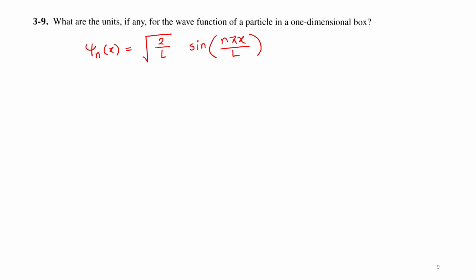Yes, sir, this is centimeter inverse. Not inverse, there is a square root also. If I am talking in meters, then it is meter to the power minus half, right?